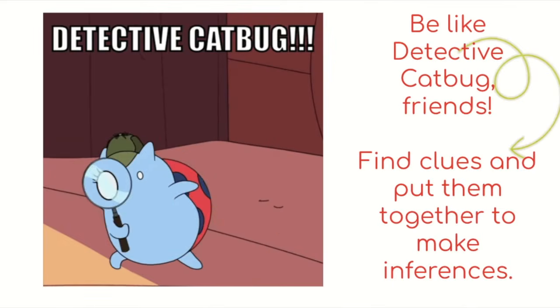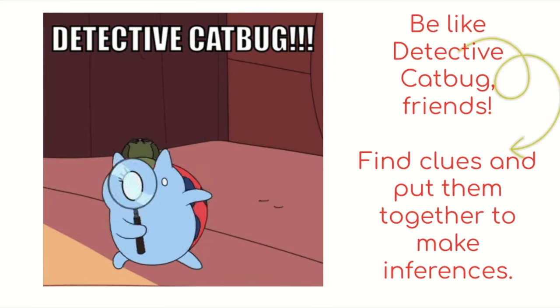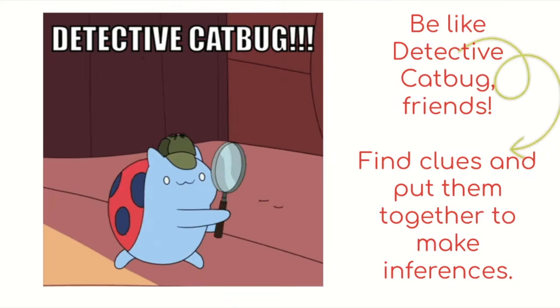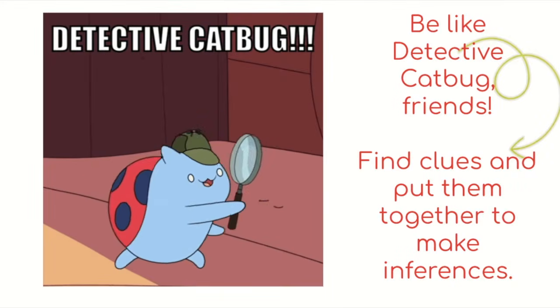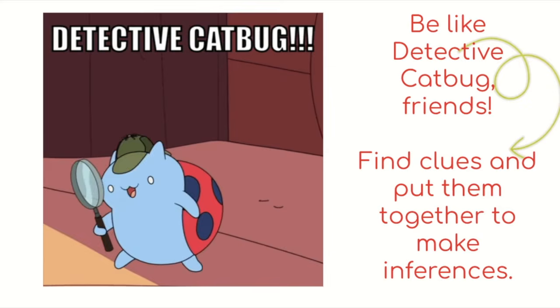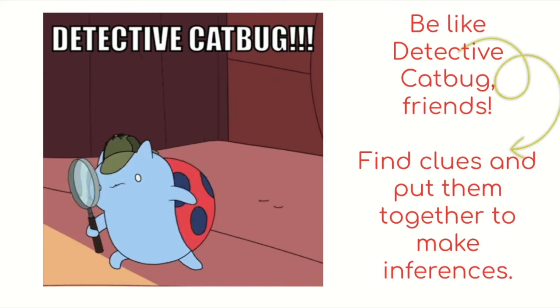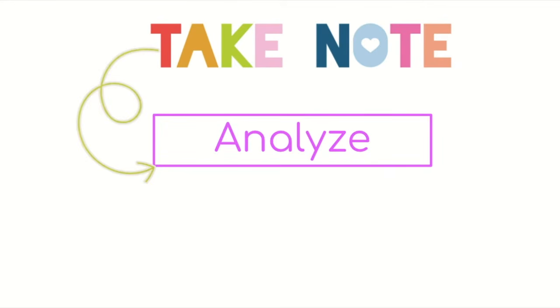So you're going to be like Detective Catbug here. You're going to find clues and put them together to make inferences. So these are like suggestions that the author gives us. And the author doesn't come out and tell us explicitly what they mean. They drop little clues, and it's your job to pick them up and put them together like a puzzle to make an inference.